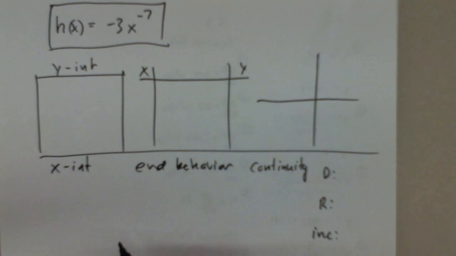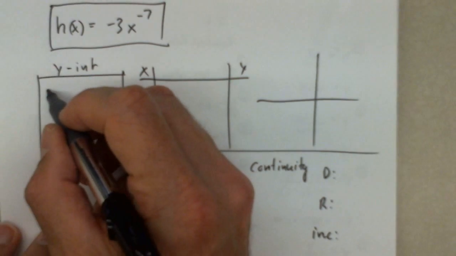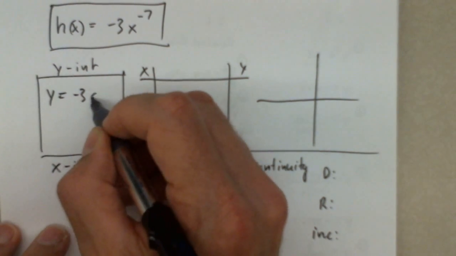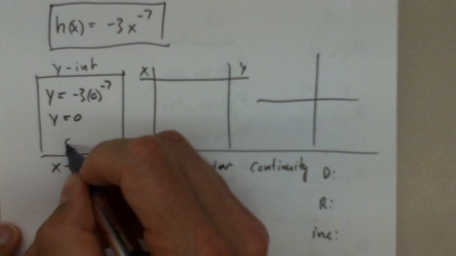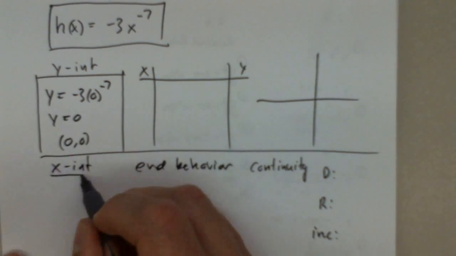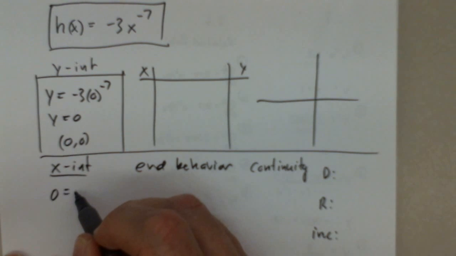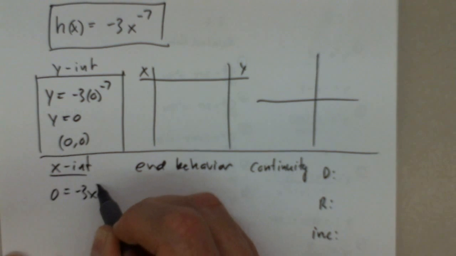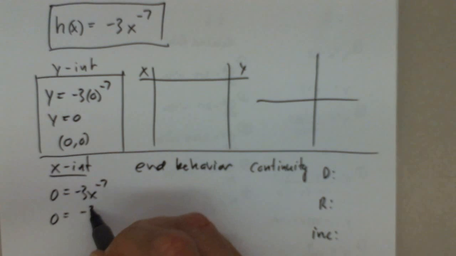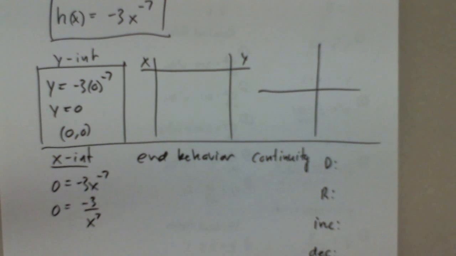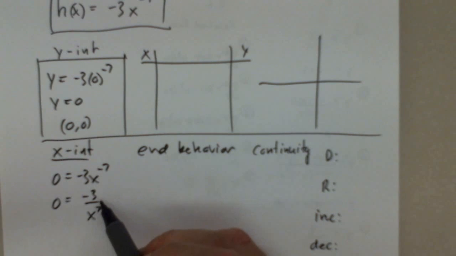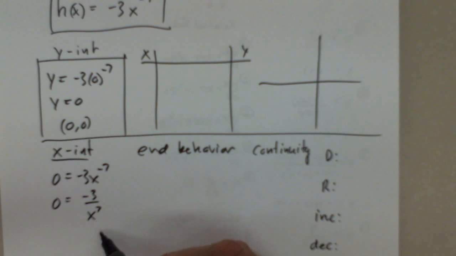Let's see how that behaves. The y is still, make the x 0, and we get y equals 0. So we see that x-intercept, make the y 0. And then remember that this means that. So we have a negative exponent, and just so that we know what it looks like, we do that.